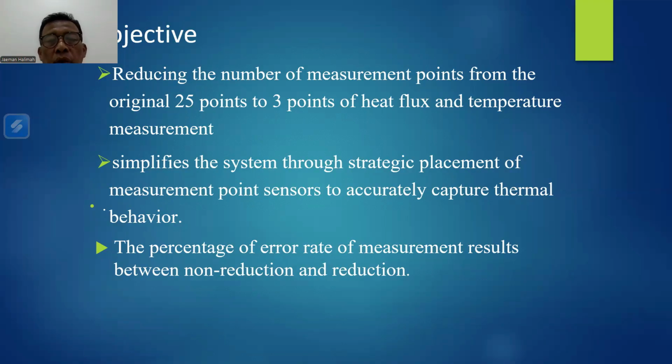Simplify the system through strategic placement of the measurement point sensors to accurately capture thermal behavior. Determine the percentage of error rate of measurement results between non-reduction and reduction.